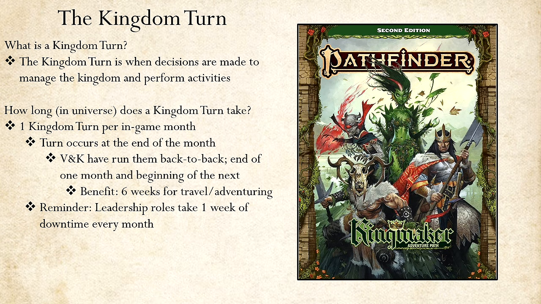A kingdom turn, there can be one every month. That doesn't mean the kingdom turn takes a whole month to occur. Typically, the actions that the PCs need to undertake within a kingdom turn last about a week. Officially, that week happens at the end of the month.